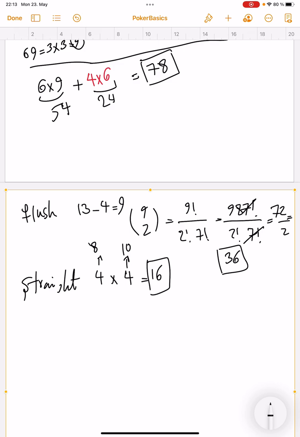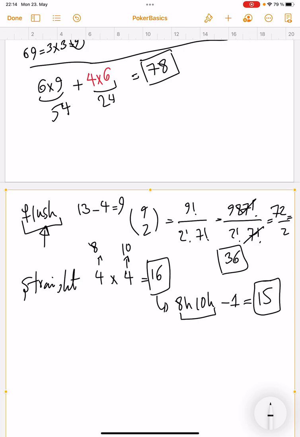But also notice that out of these 16, there will be the 8 of hearts and 10 of hearts as well, which we already counted when we considered the possibilities for the flush. So maybe it's better to take a -1 here, and this will be 15. Because we already counted 8 of hearts and 10 of hearts when we counted the combinations for the flush.